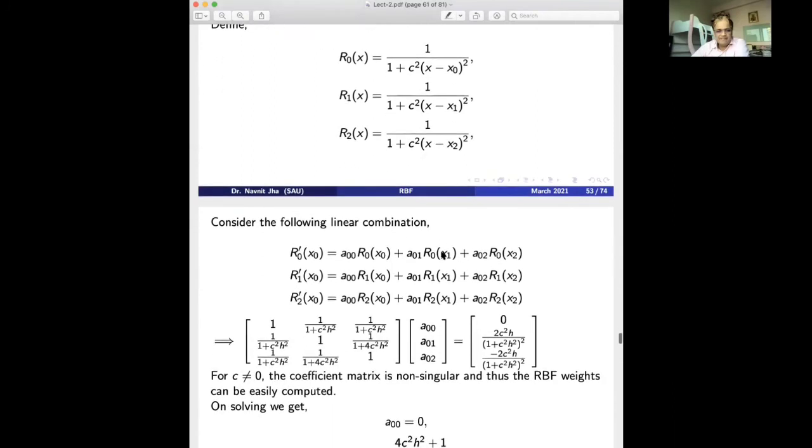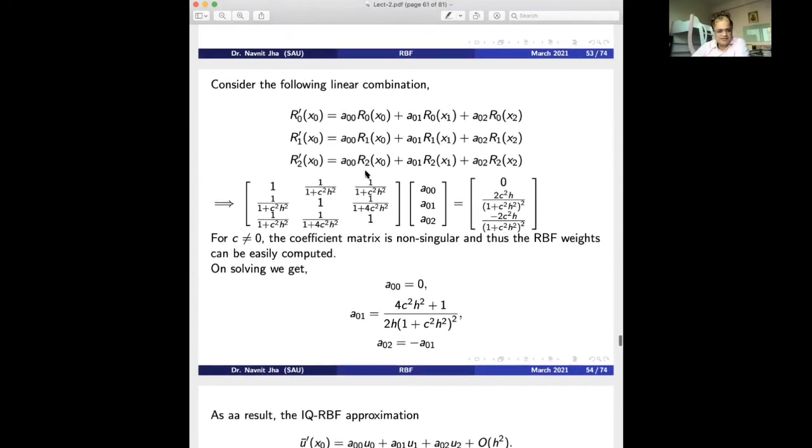Now, as discussed previously, here I will consider a linear combination, with r0 prime, the first derivative, r1 prime in the second line, and r2 prime. This will give you the approximation of the first derivative by using the values of weights obtained from this matrix. And you can check that if c is not equal to 0, this coefficient matrix is non-singular.